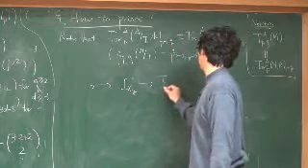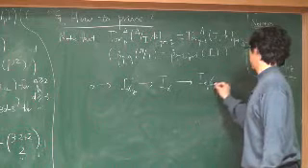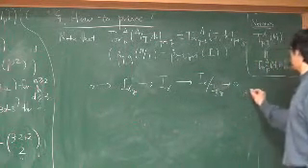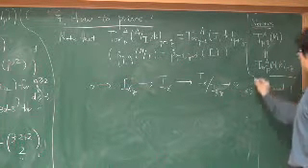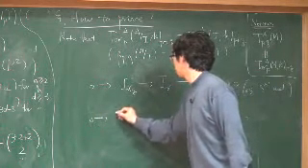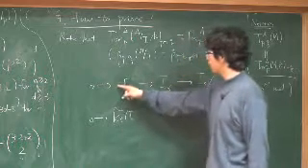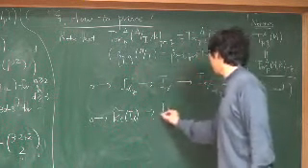S1 module, the subring. This one, and first this is k tilde 0, and this is k tilde 1.